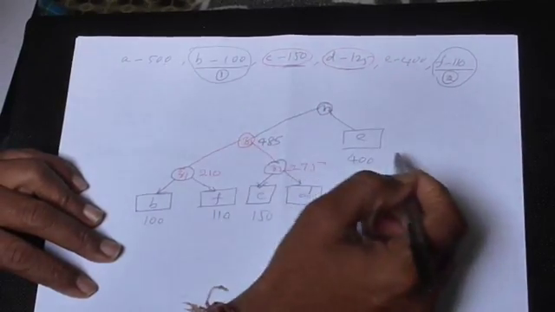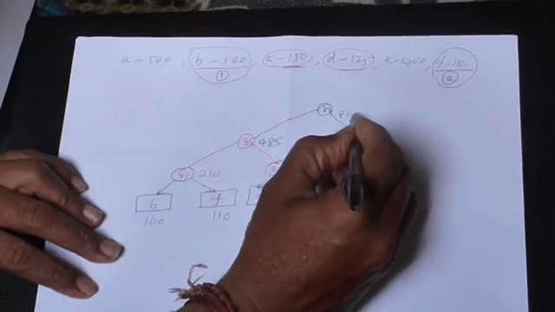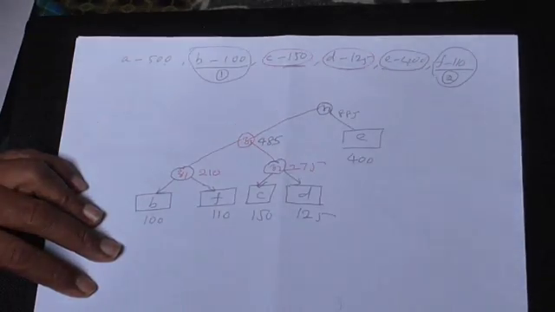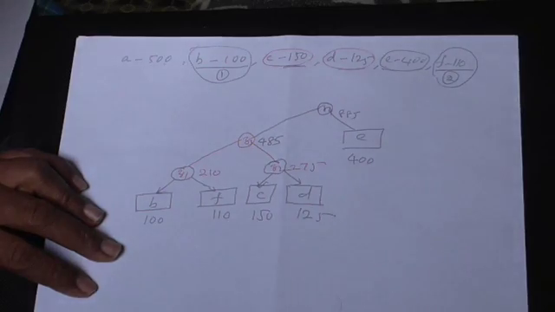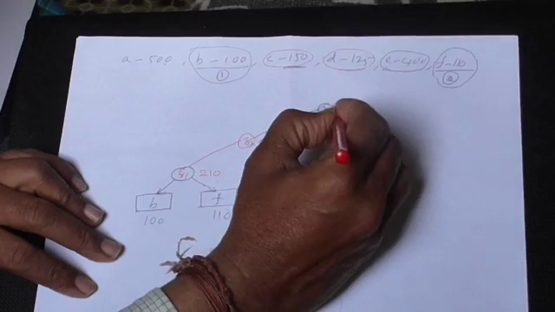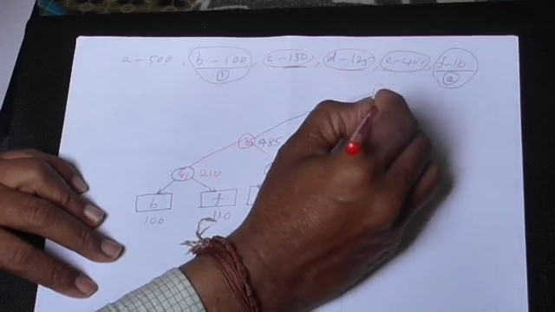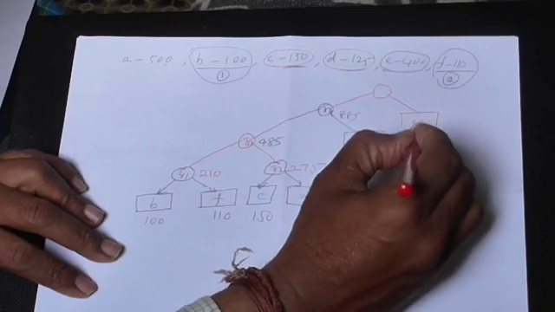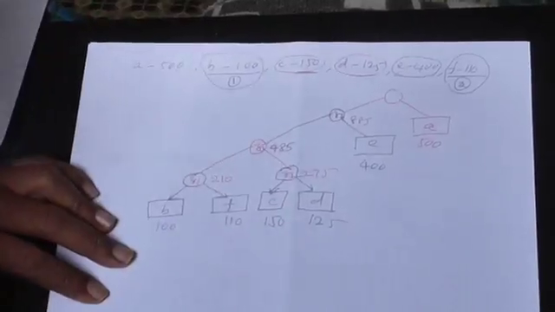So now it is 885. So this is also processed. Now the only two things left over are this A and this. So I construct another one and making this as A, and it is 500.